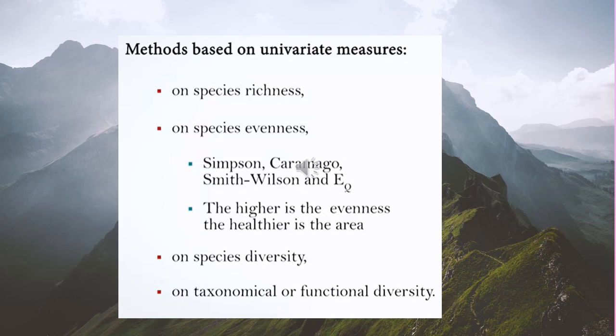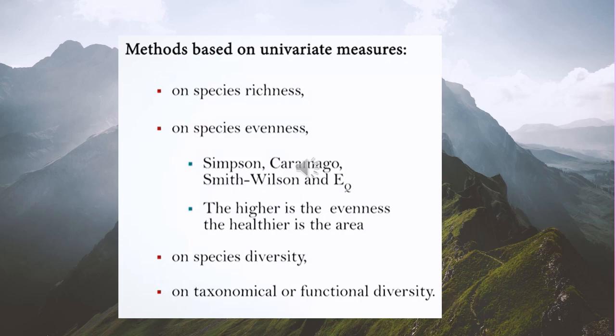Indexes that are based on species diversity are also used, but are difficult to evaluate. If you want to compare these impacts, you need to provide good information about the difference.